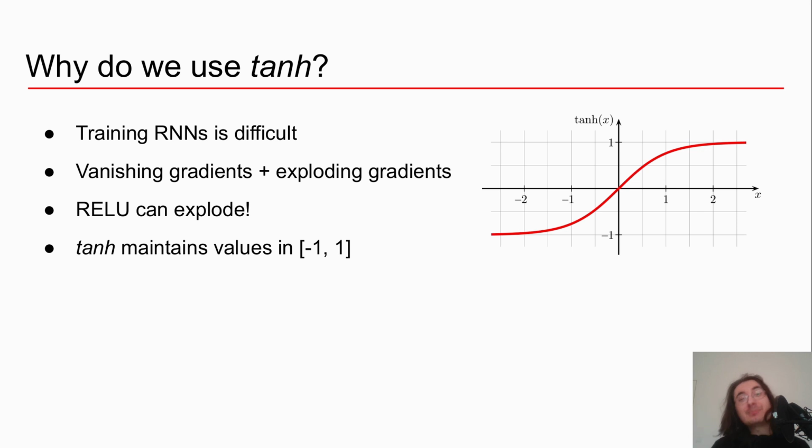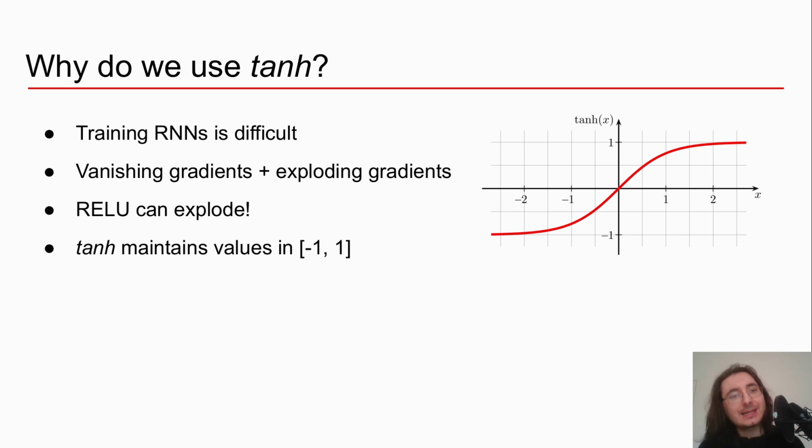At the same time, we could have the issue of exploding gradients, so gradients that are growing bigger and bigger. The problem is that if we use ReLU, which we know works really well with CNNs, ReLU is not bounded, and so ReLU can explode. Whereas tanh constrains the values between -1 and 1. So by using tanh, we're avoiding the issue of exploding gradients.